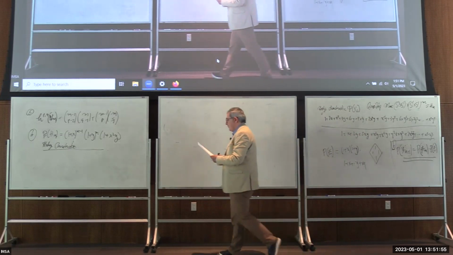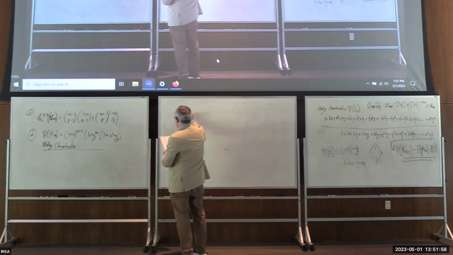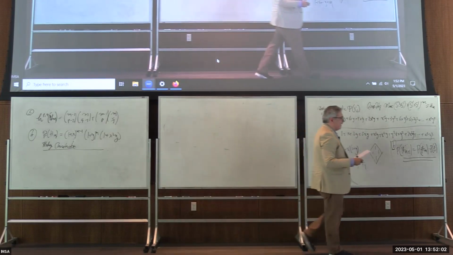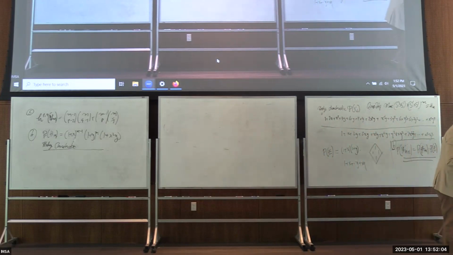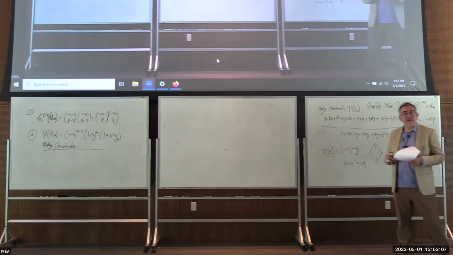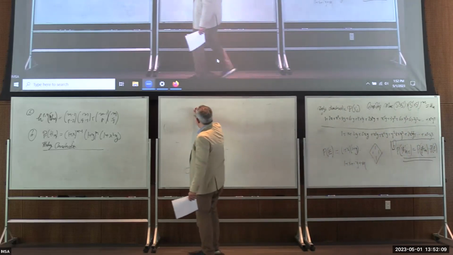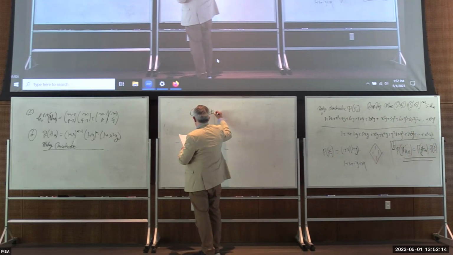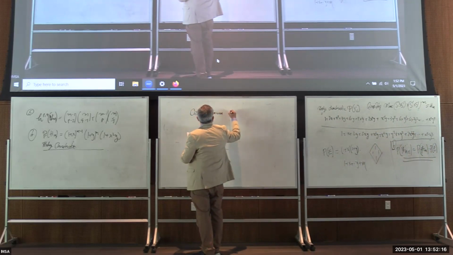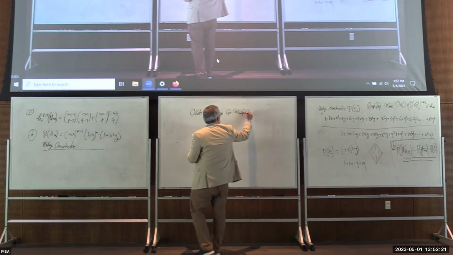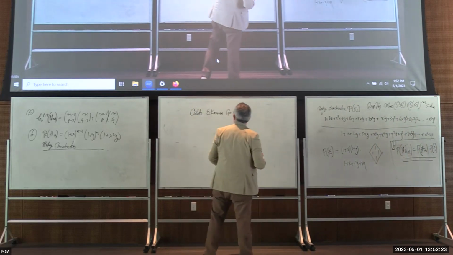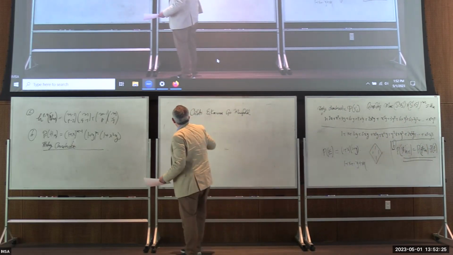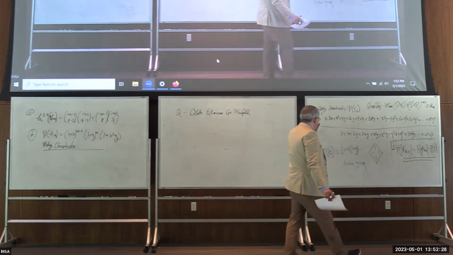So essentially, I'm going to do it a little bit more generally, just to save a little bit of time. And I'm going to consider the Calabi elements. They will also be complex manifolds.